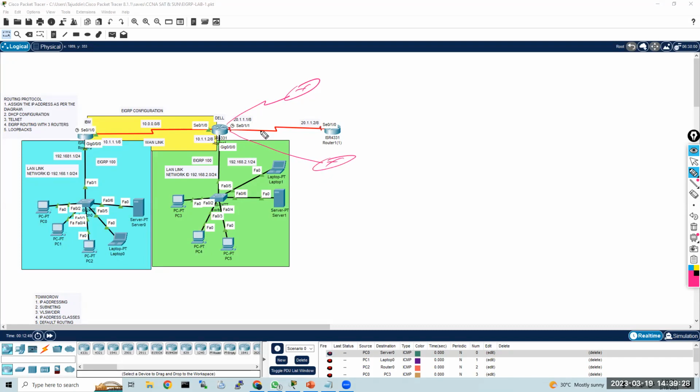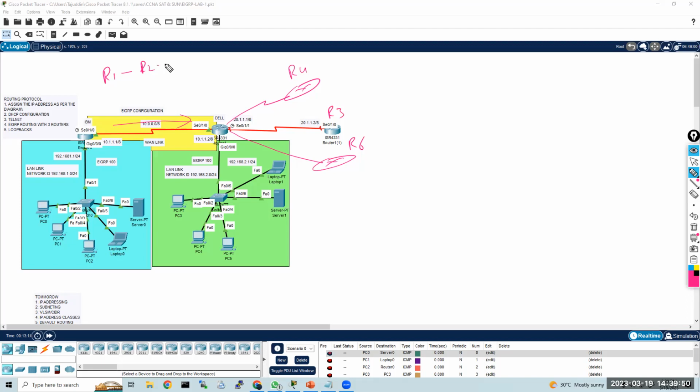If any change happens, this router maintains only the immediate routing information. For R1, R2 is the neighbor. And here, say this is my R4, this is my R6 and this is my R3.